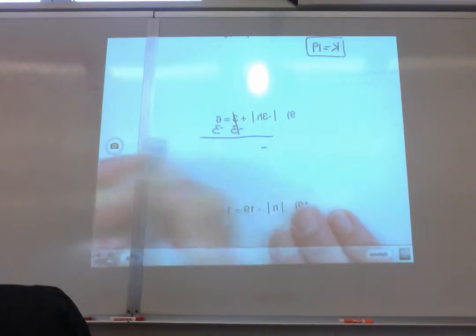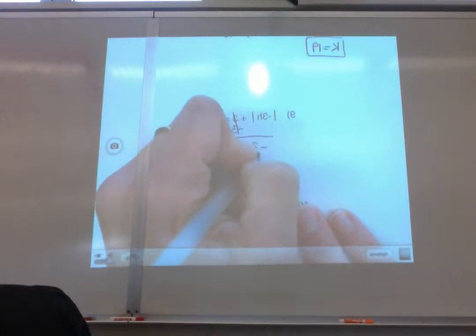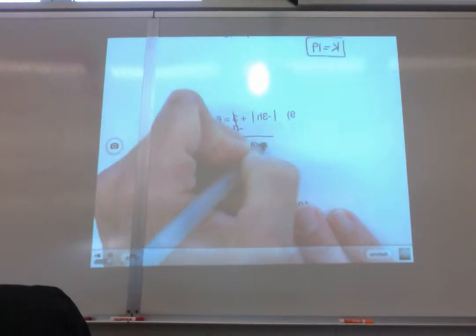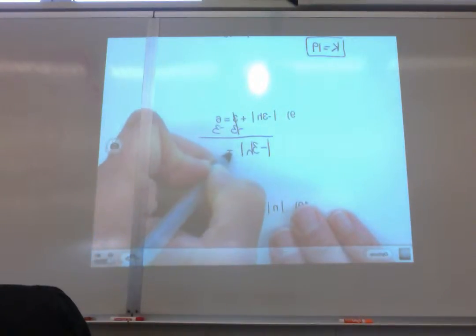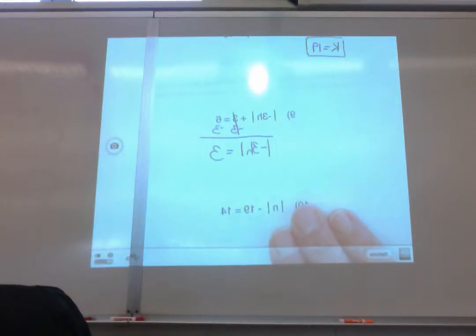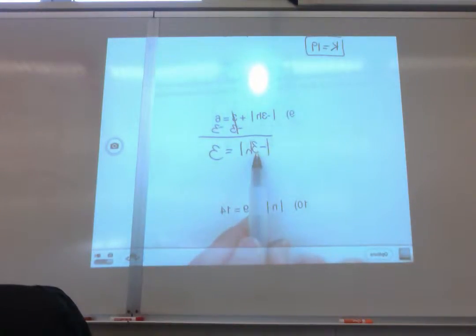That's weird that it has that negative inside the absolute value. Let's see what we're going to do with that. My first guess is, why do they have that negative inside the absolute value? Because it's the h times minus 3.